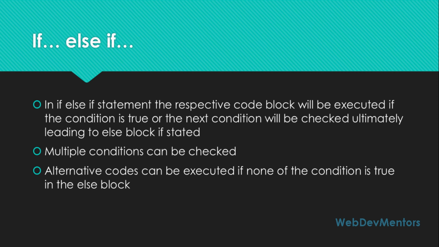So multiple conditions can be checked and alternative code can be executed if none of the conditions is true. If all 10 of the conditions are giving you false, then you still can provide some alternative code in the else block. When I explain each one of these statements in a program, it'll be much easier for you to understand.